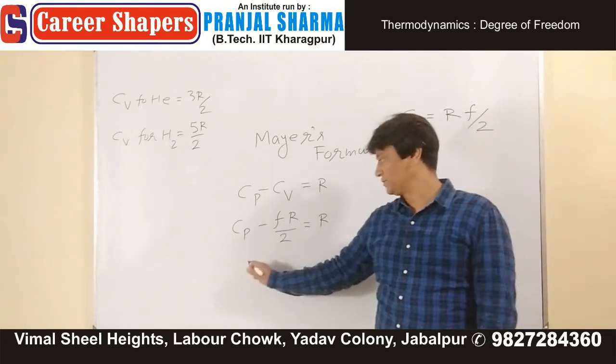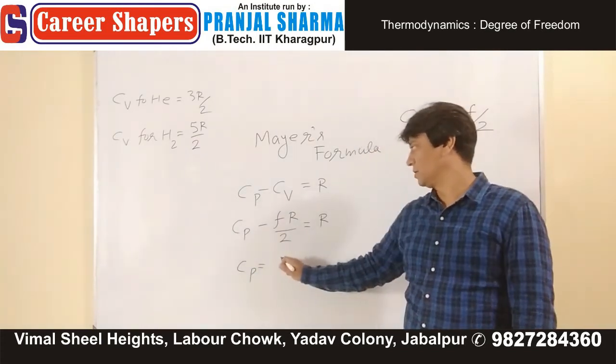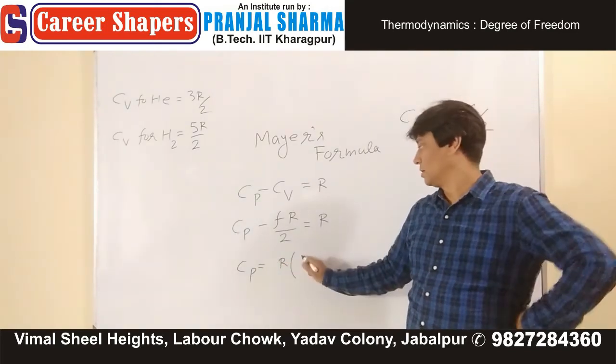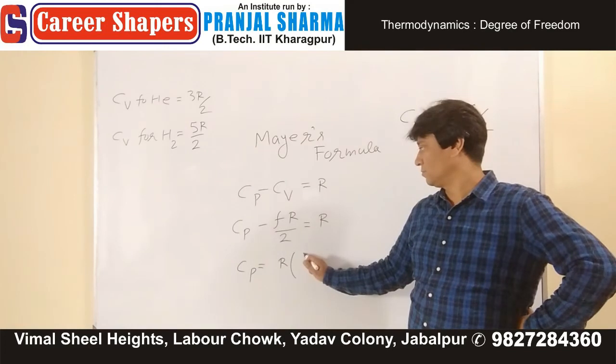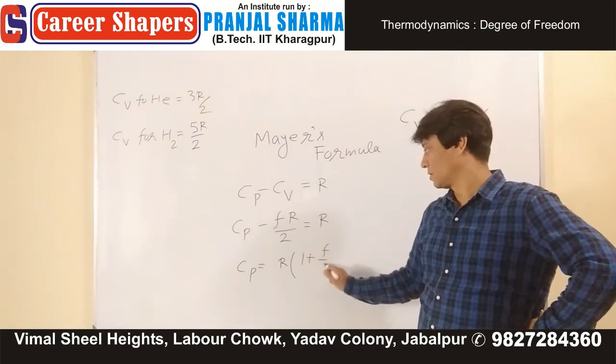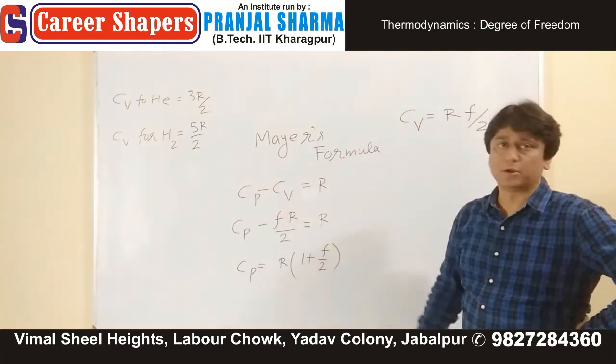So what's the value of Cp? Cp is coming R times 1 plus F by 2.